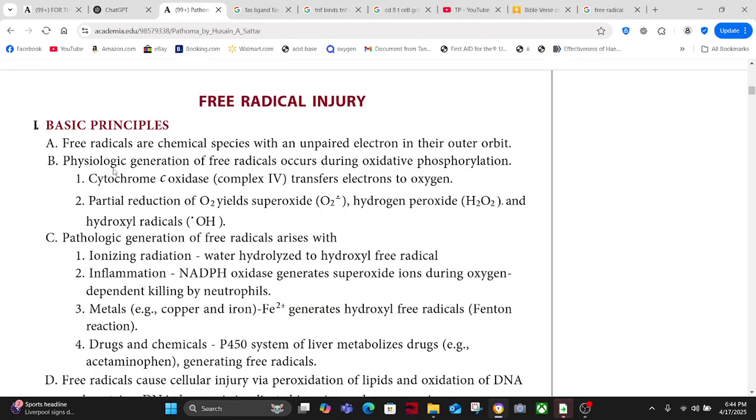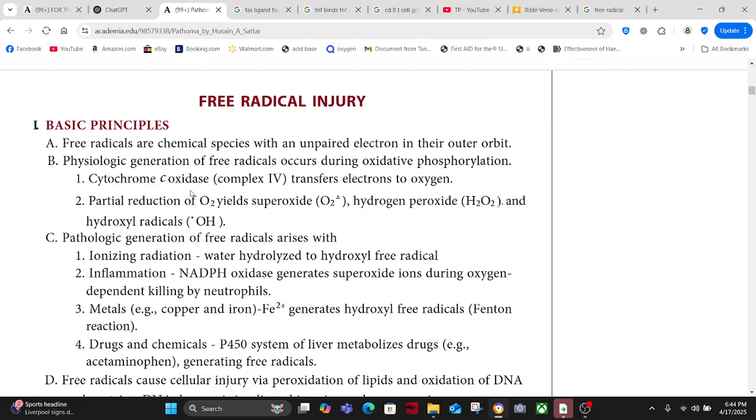And then physiologic generation of free radicals occurs during oxidative phosphorylation. What is oxidative phosphorylation? It's how the body makes ATP. So if I rephrase this, physiologic generation of free radicals occurs when the body makes ATP.